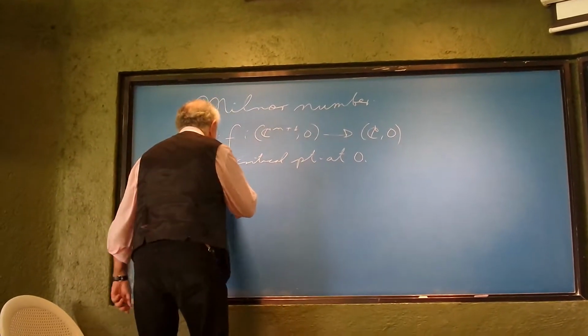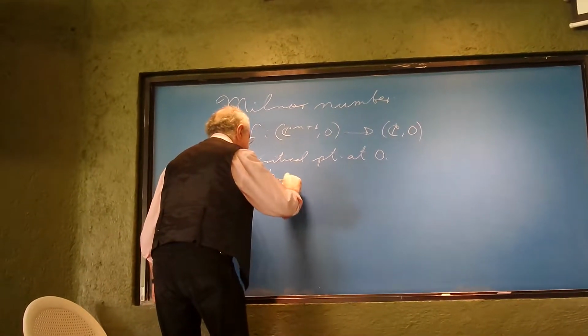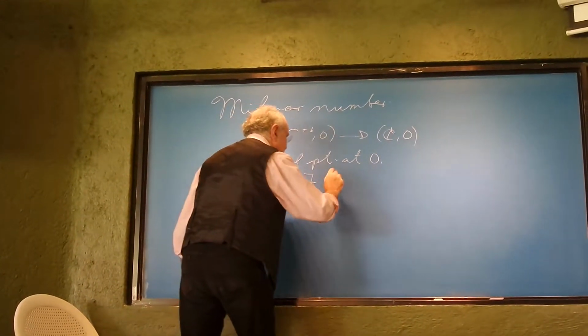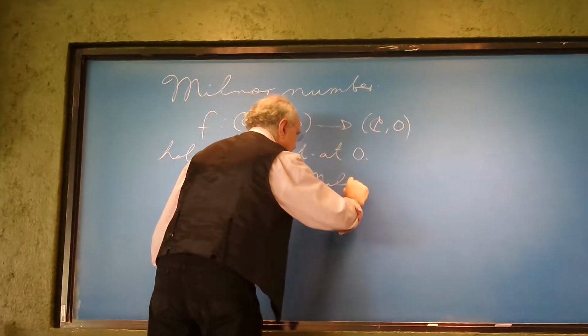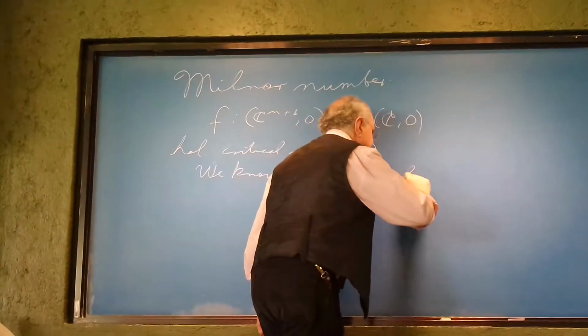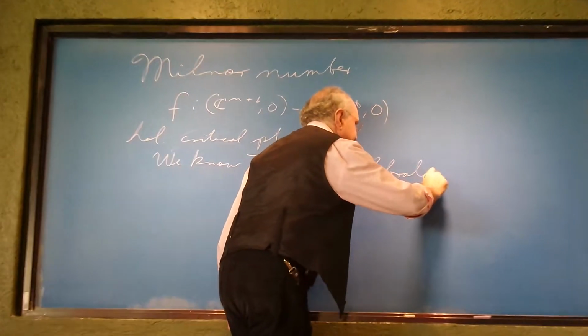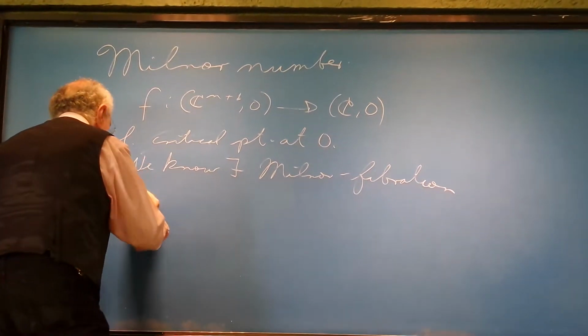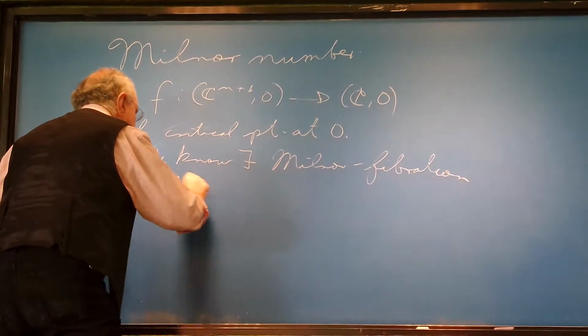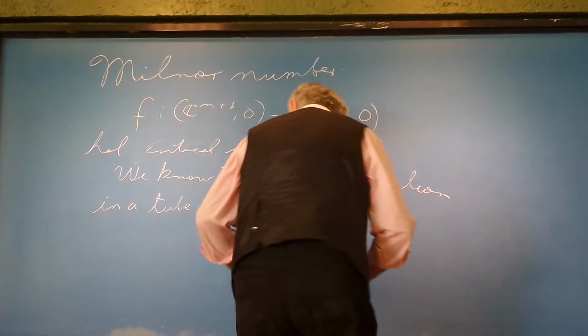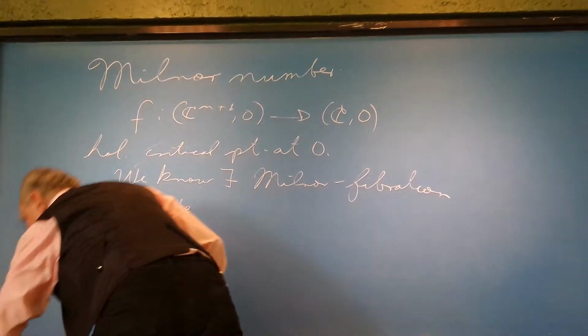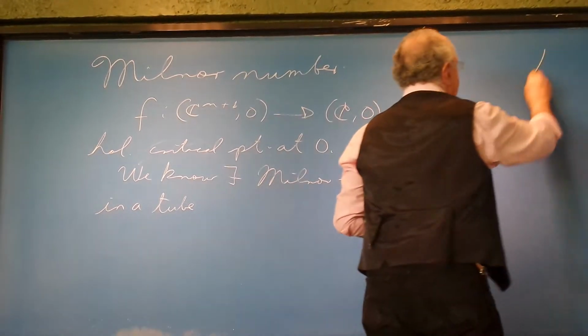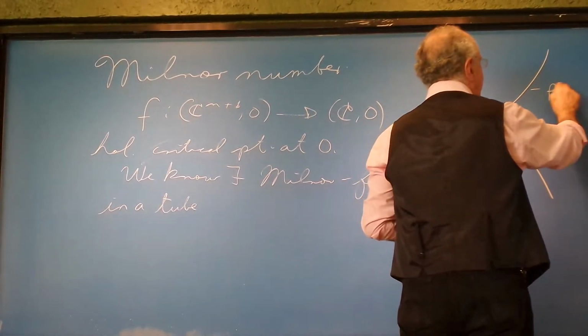Then we know there is a Milnor fibration. I already spoke about it. So we have the special fiber, f minus 1 of 0.